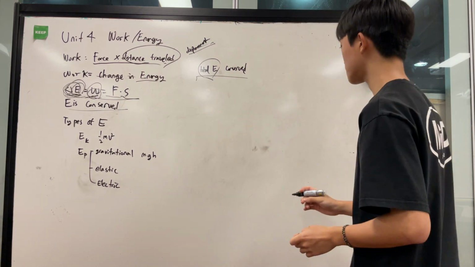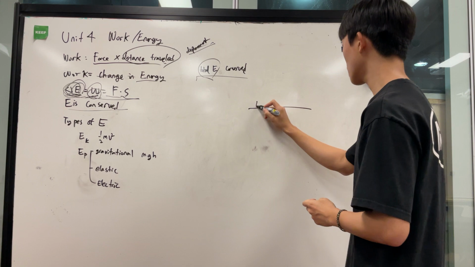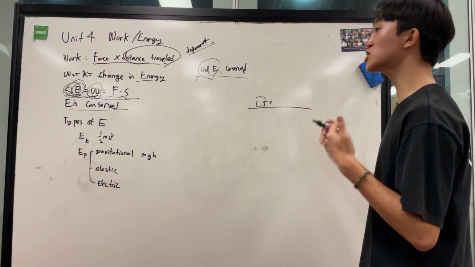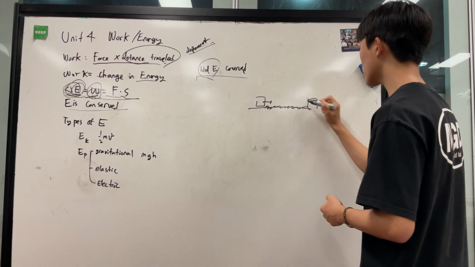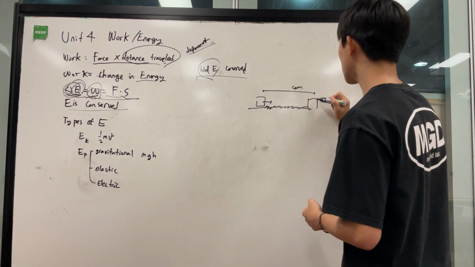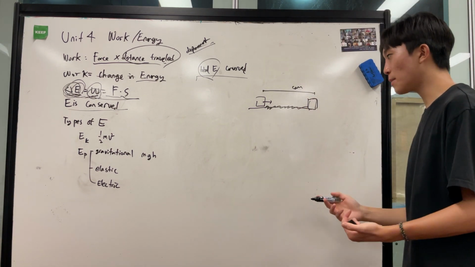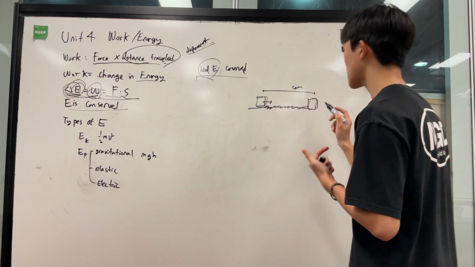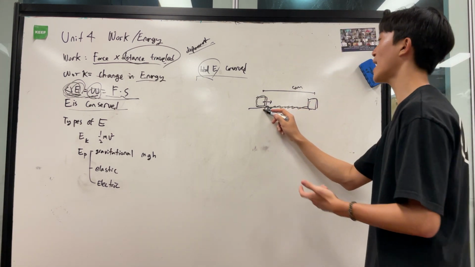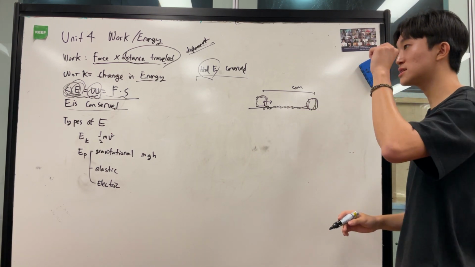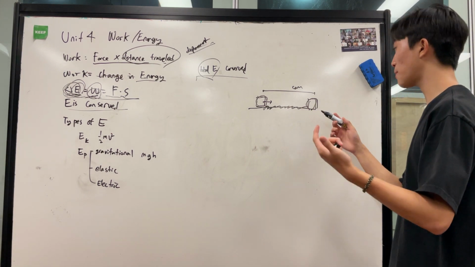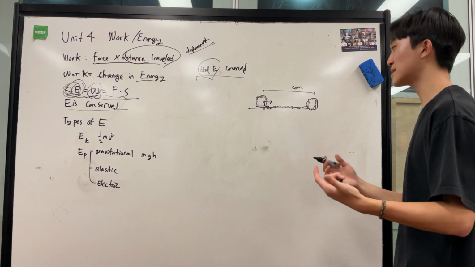For example, let's say you have a block that's initially moving, but it's moving on a surface with friction. So after 10 meters, it's going to stop. Now if you think about it, the energy that this box has will decrease because initially it had kinetic energy. It was moving, but at the end, you have 0 energy left. The box is not moving at all, thus it has 0 kinetic energy.